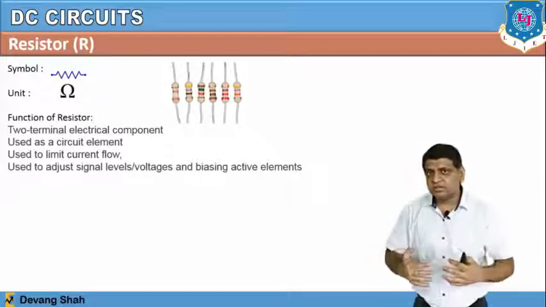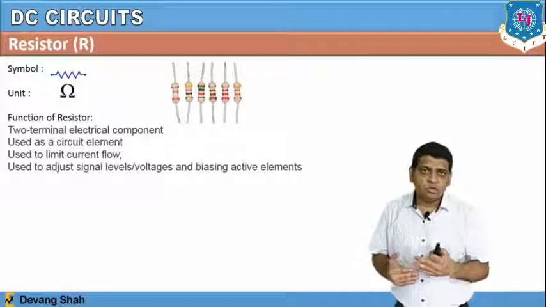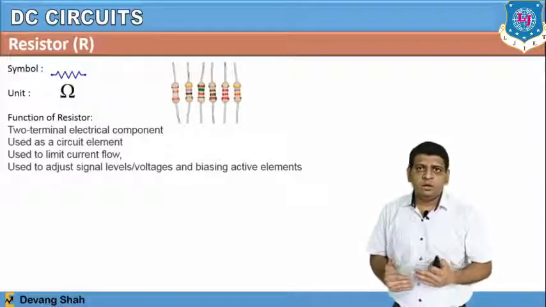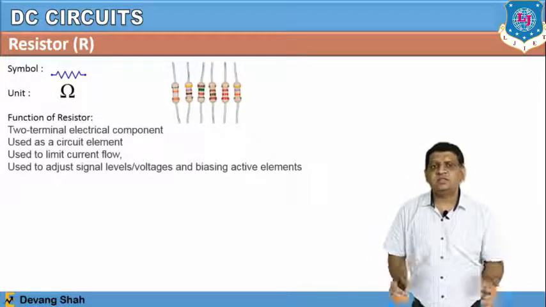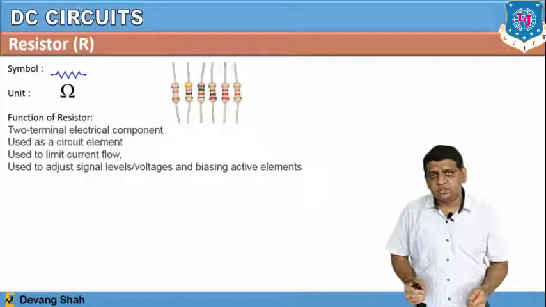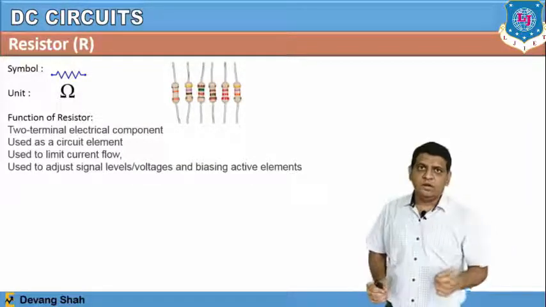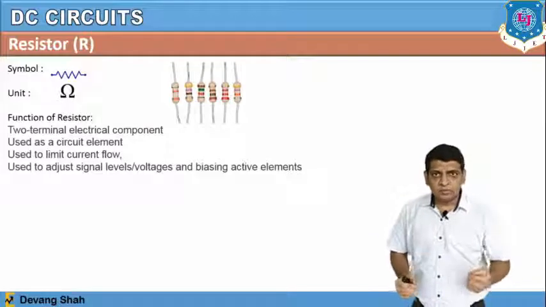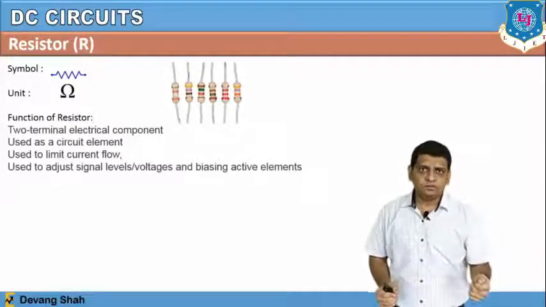Now what's the use of this resistance? You require it because of the voltage drop in the circuit, and it also regulates the current. So resistance gives you two important fundamental functions: one is the voltage drop, and the other is that current flows through it, so you can regulate the flow of current.